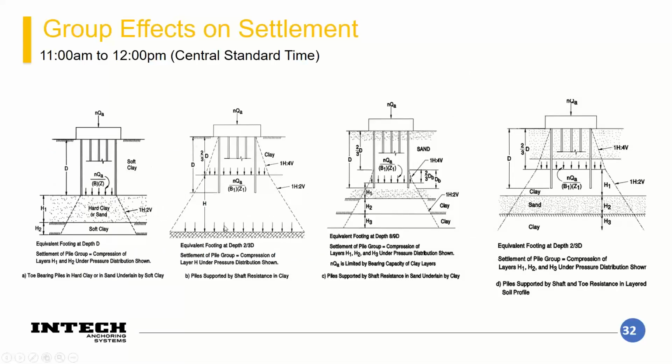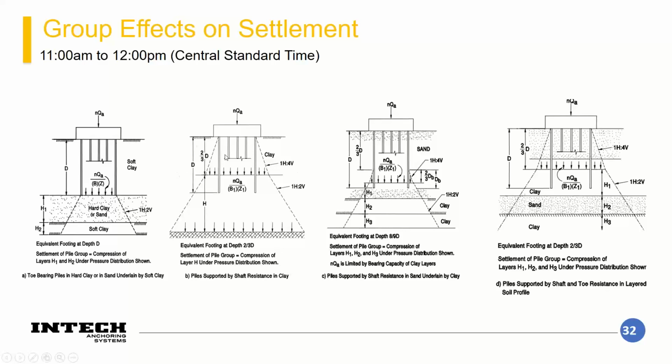they have broken down all these different conditions, where you've got toe bearing in a hard clay, or you've got totally shaft resistance in a softer clay, or you've got skin friction and end bearing on a hard clay. You can have all these different conditions, and basically what changes is the depth of where that equivalent footing is and the width of that equivalent footing.